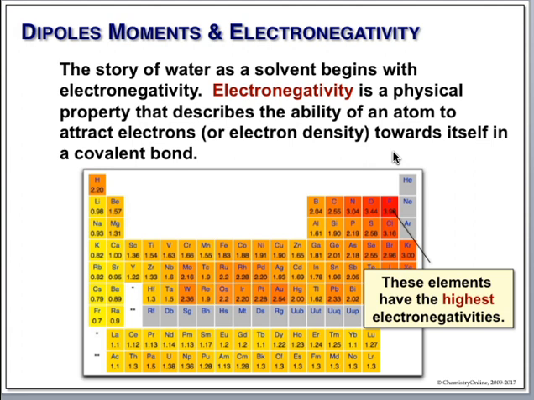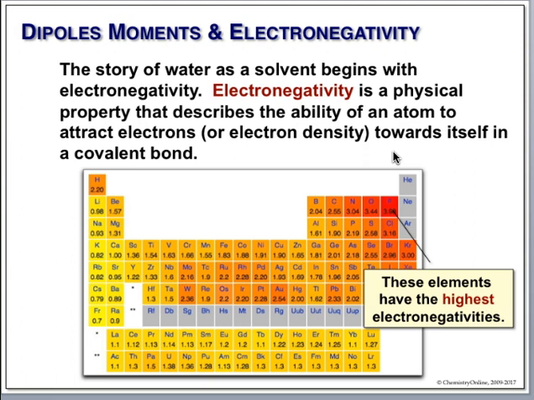This is francium, actually. And there's a gradient that goes across the table this way and up every group. It's an approximate thing. These little numbers under here represent the electronegativities for given atoms.